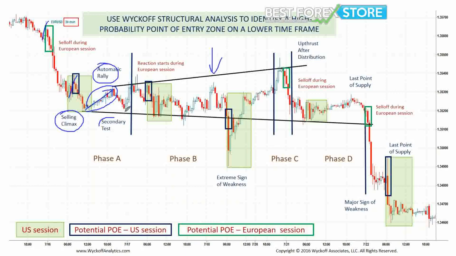Climactic action. Secondary test comes almost at the same level, and this is our phase A, and currently we are potentially in phase B. You might be thinking that this could be phase C.